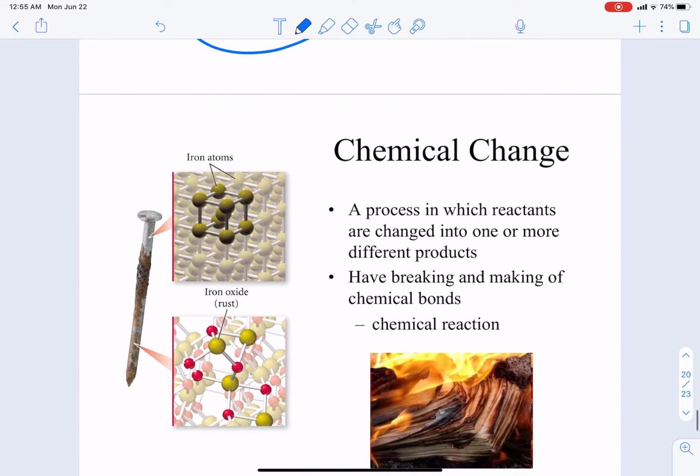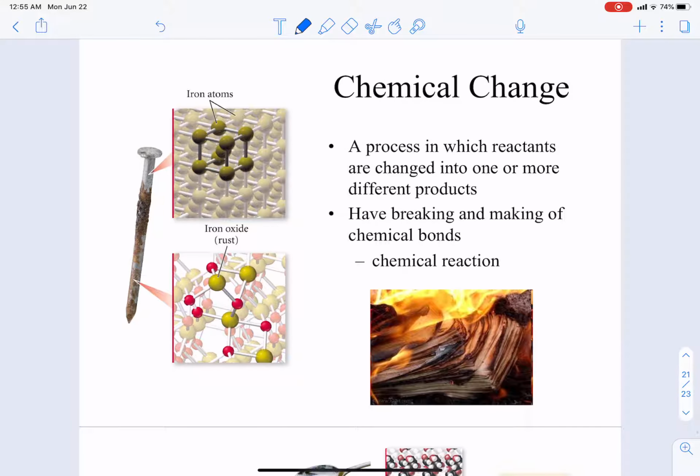So if you have paper and you want to say, hey, I wonder if this paper is flammable, and you light it on fire and it burns, then, well, you're observing that chemical property and it's undergoing a chemical change or a chemical reaction. And the paper that you had in the beginning is no longer paper after the chemical change, it's a bunch of ashes. So again, different substance before and after with your chemical change.